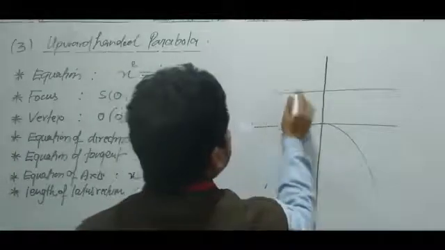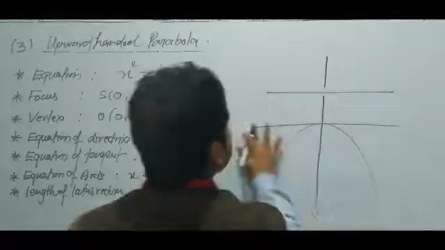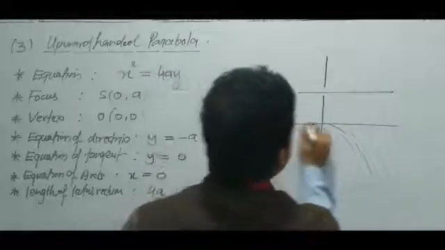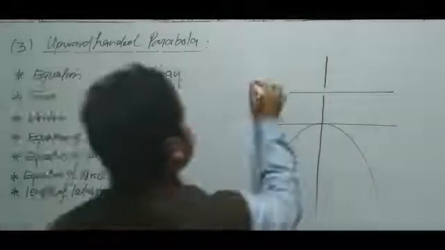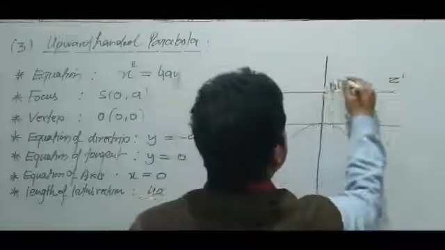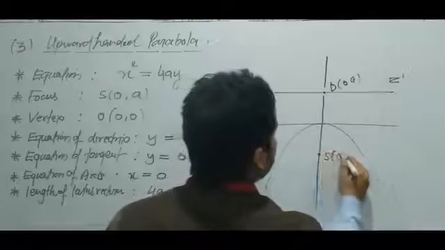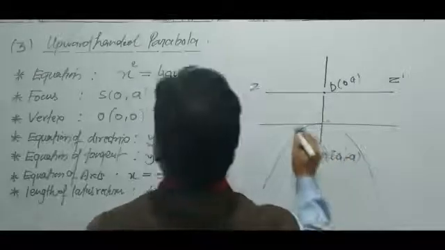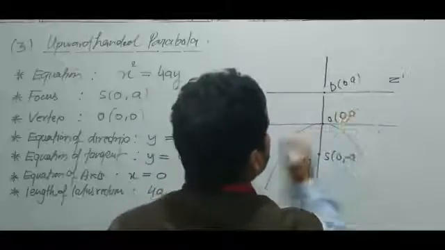This is the line ZZ dash, this S coordinate will be 0 comma a, this coordinate will be 0 comma minus a, and this O coordinate will be 0 comma 0.